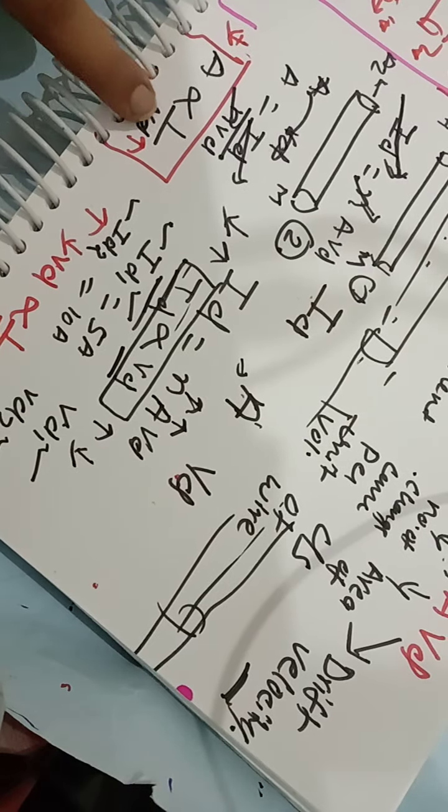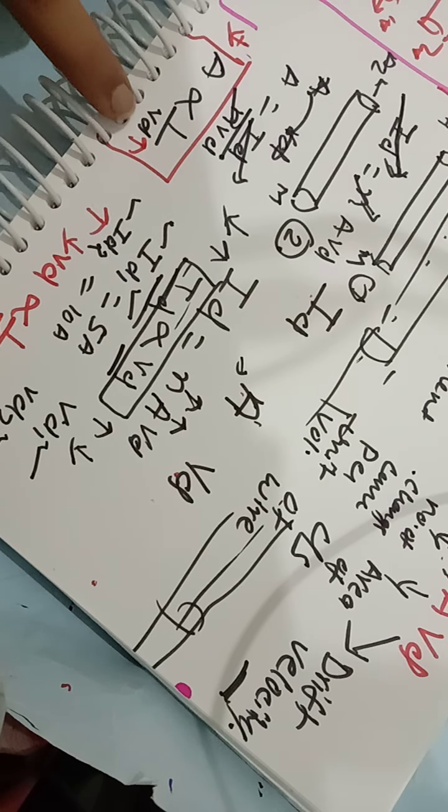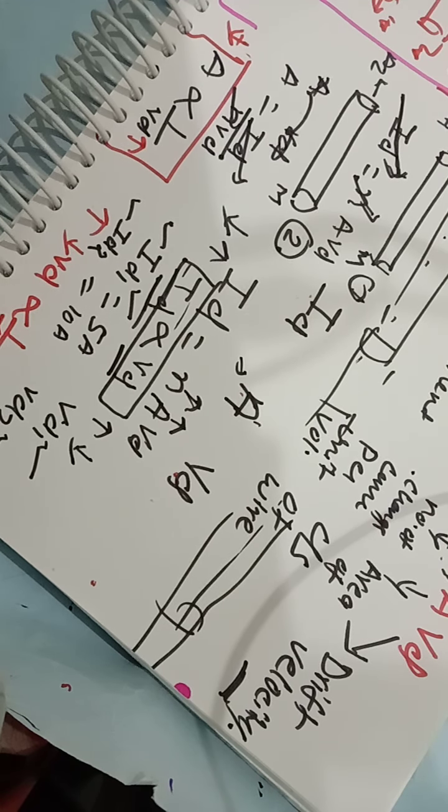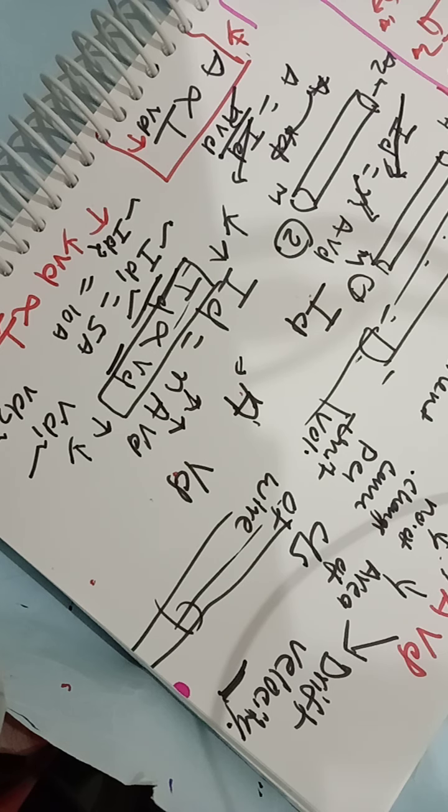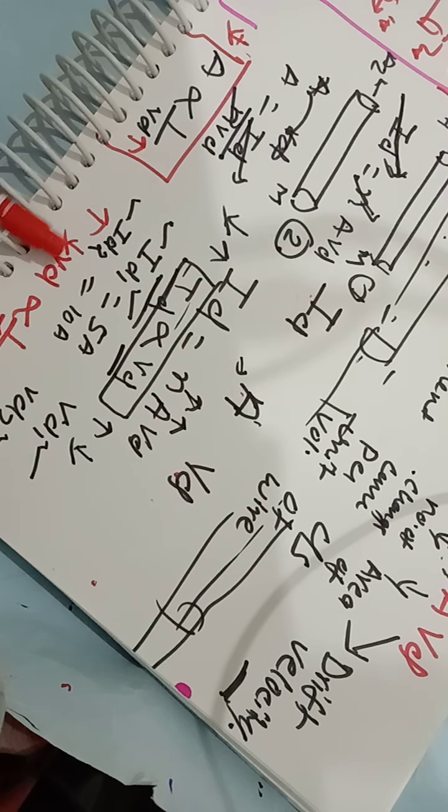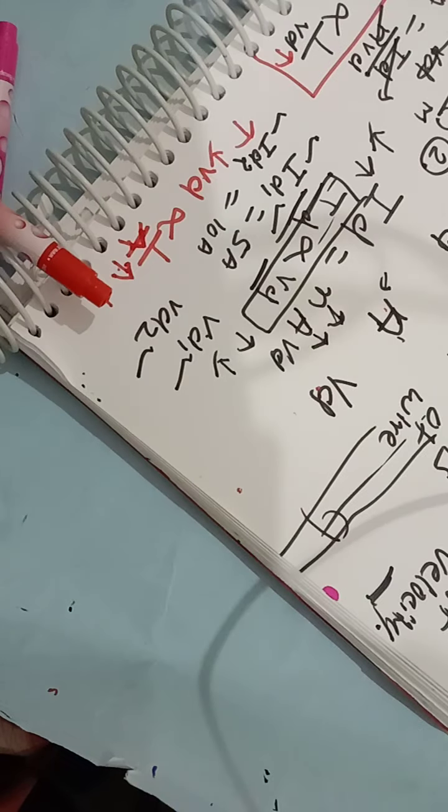VD is inversely proportional to A, which means the wire of greater cross sectional area will have lesser drift velocity, and the wire of lesser cross section area will have more drift velocity, right? Understood?